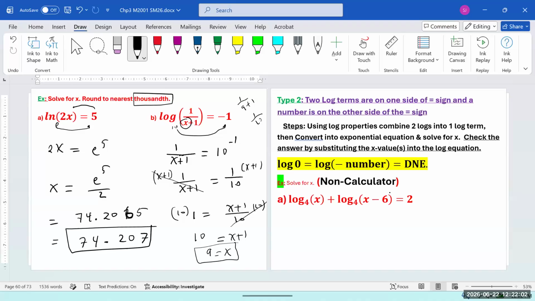So in this example, we have log base 4 of x plus log base 4 of x minus 6. So we have multiple logs on one side. Is there any way we can combine them into a single log? How?